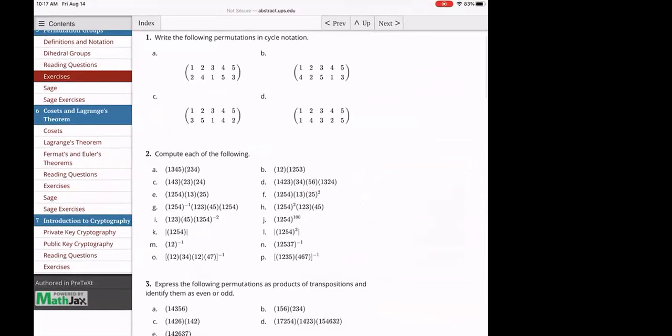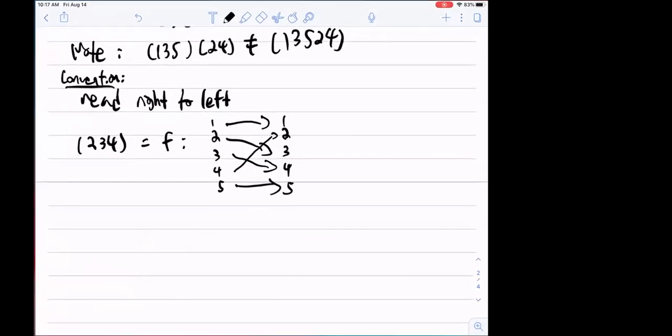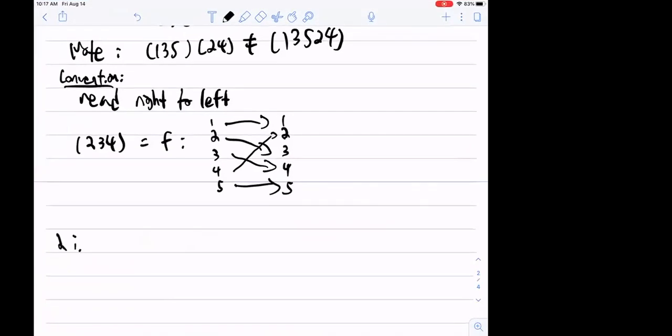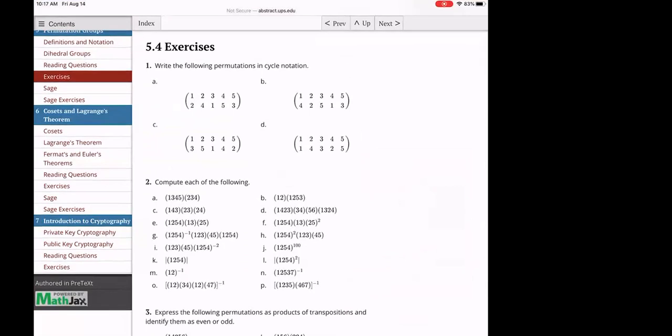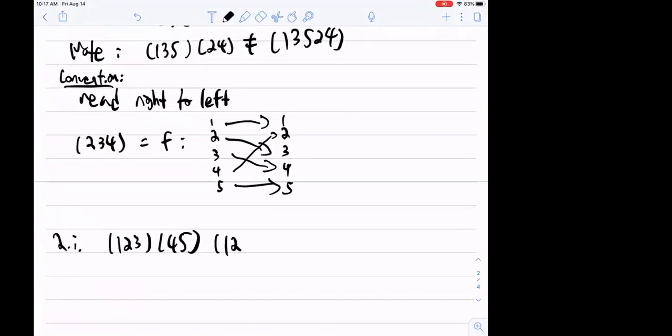Let's do something harder. Let's do 2I: (1 2 3 4 5)(1 2 5 4)^-2.